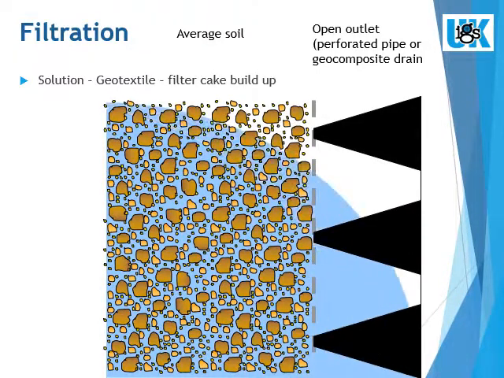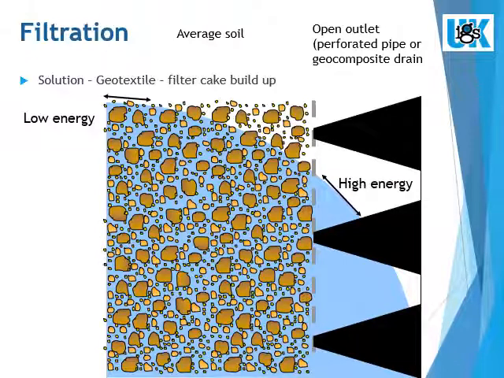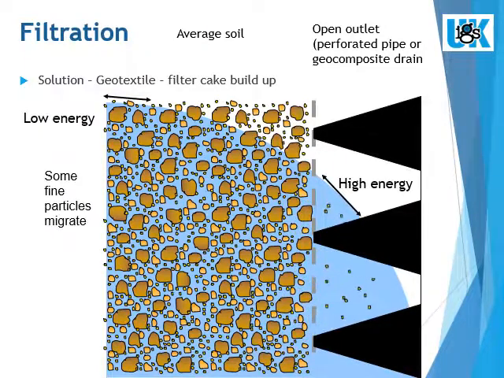As water flows from a low energy environment due to the low permeability of the soil to a high energy environment in the void, the higher energy starts to move small particles of the soil, and some of the particles are designed to migrate through the geotextile, followed by a few medium-sized particles.